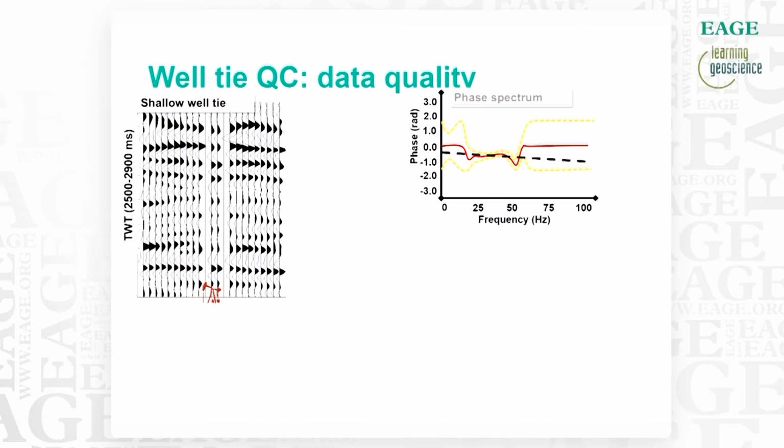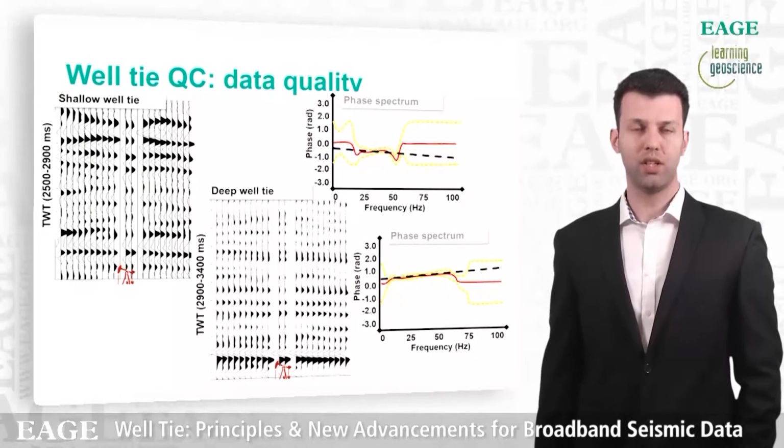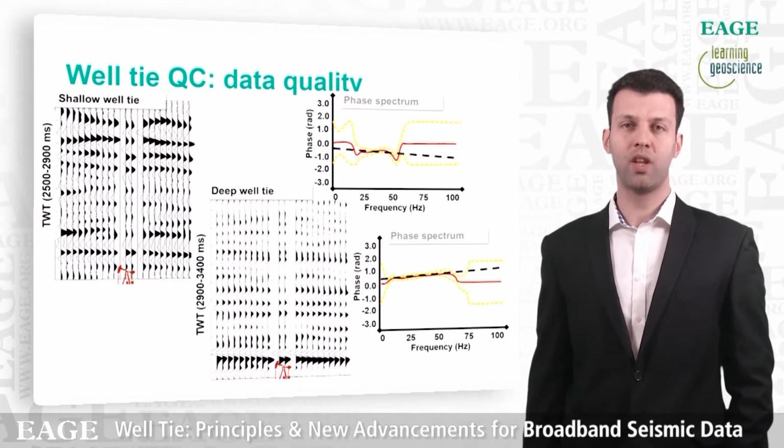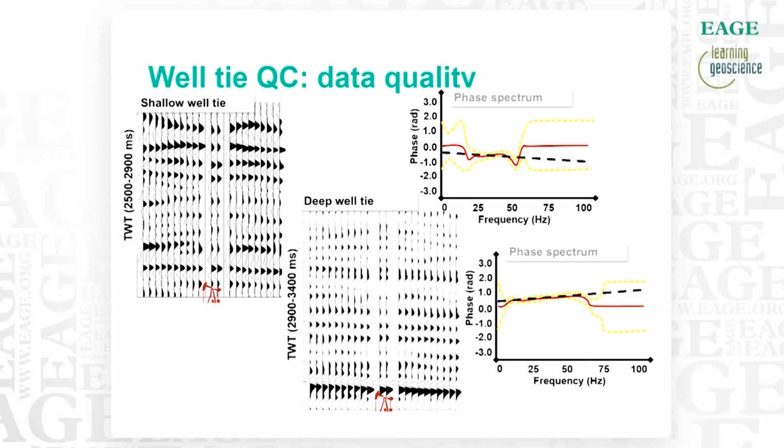So what's going on? If you look at the bandwidth of those wavelets, we see that the phase spectrum is just constrained by a narrow part of the bandwidth. In fact, you can fit many other phase lines to that bandwidth, which is what we saw earlier. If you choose a deeper section of the seismic, we have a better bandwidth, perhaps due to geology, fewer thin layers and so on.